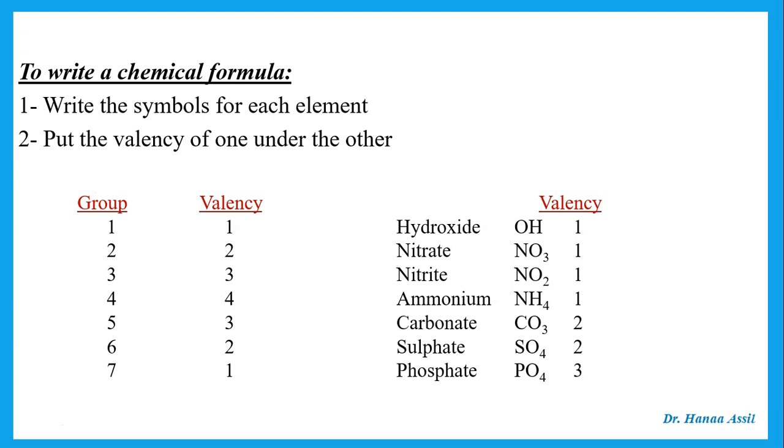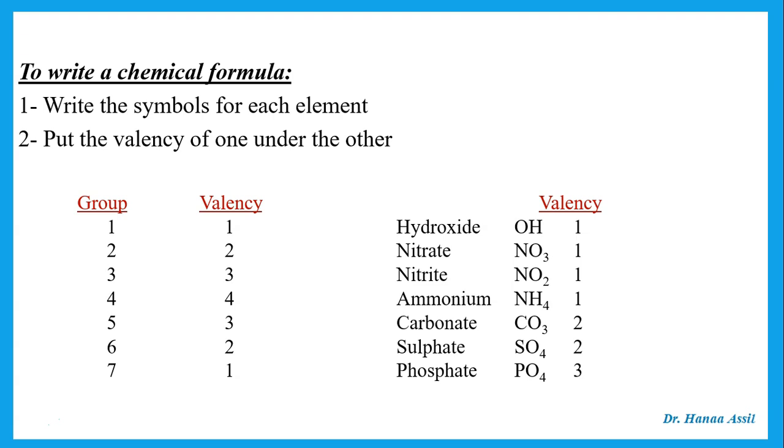But remember, there are things that are not in the periodic table, and you need to know their valency. So hydroxide is OH, valency 1. Nitrate is NO3, valency 1. Remember, the valency is the same as the charge on the group. So if I'm writing hydroxide alone, it should be OH minus, NO3 minus, NO2 minus.